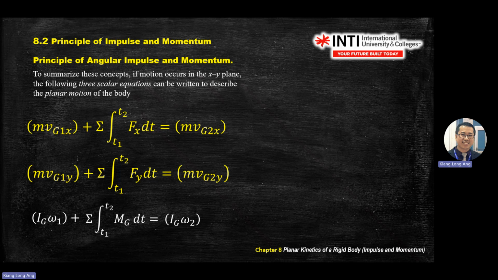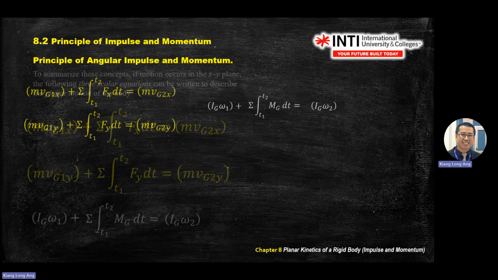Iω is angular momentum. Okay, so it's not as hard as you think, as long as you understand the basic definition for what is impulse, what is momentum, what is linear impulse, what is linear momentum, what is angular impulse, what is angular momentum. As long as you understand, you just follow the wording here and derive.